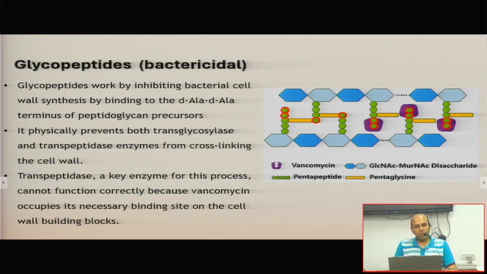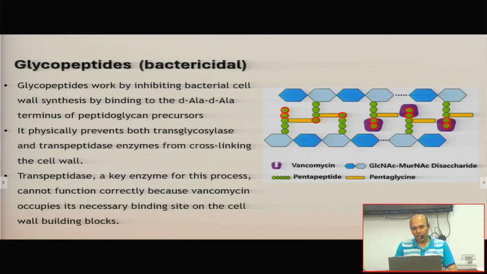It physically prevents both transglycosylase and transpeptidase enzymes from cross-linking the cell wall. And you can see that in the diagram. In the diagram, you can see the purple thing, which is vancomycin, and vancomycin will bind over there. And when it binds over there, it will not be able to form the links with each other.